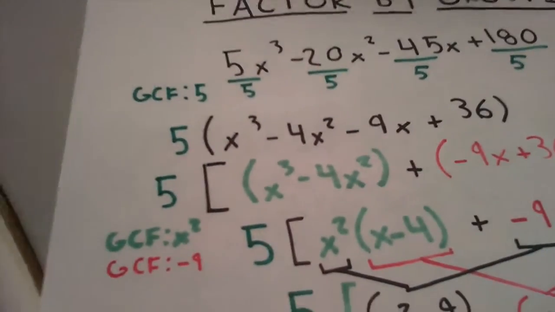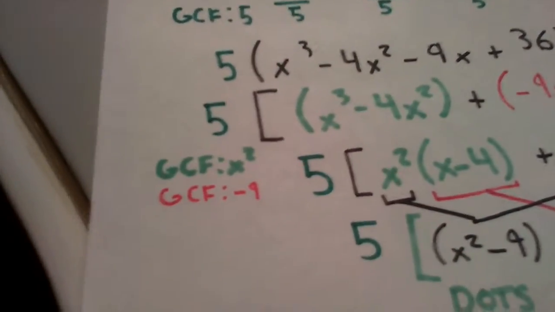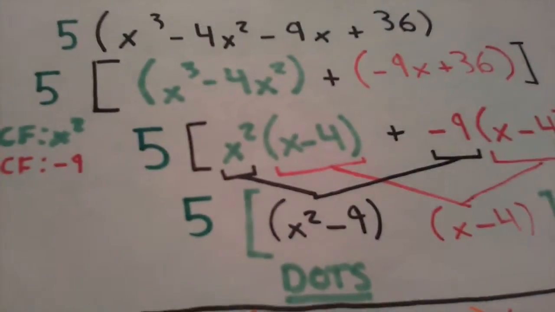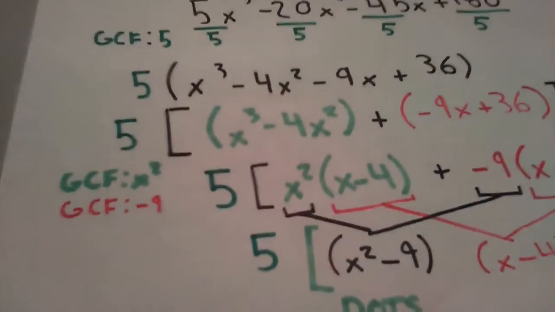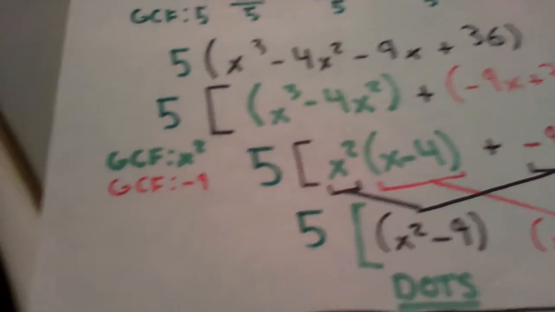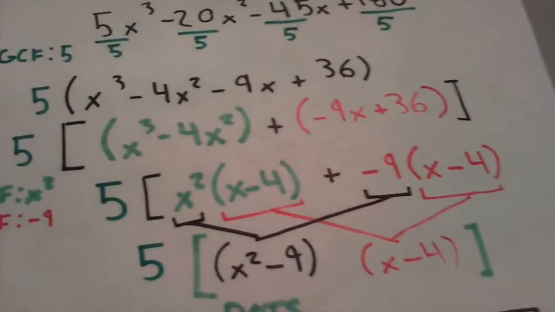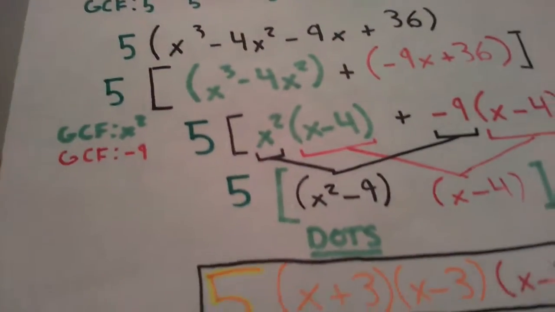Once you have that, you find the greatest common factor yet again for each group. For the first, x^3 minus 4x^2, it's x^2. For the second, negative 9x plus 36, it is negative 9.